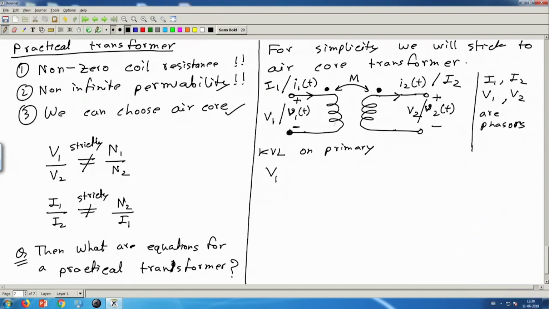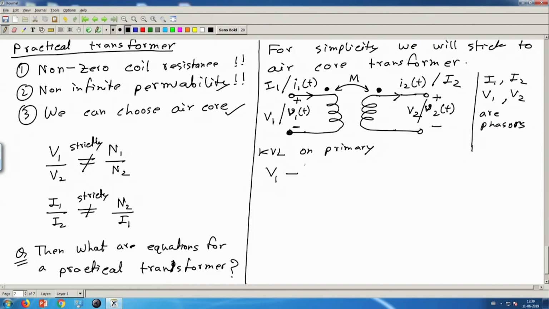Then from here to here, through the coil, I will have a number of voltage drops, which I consider negative. Firstly, there will be a drop due to the resistance of the coil.